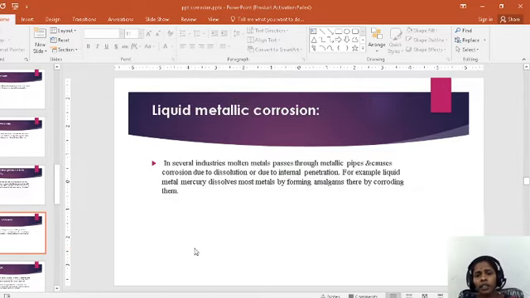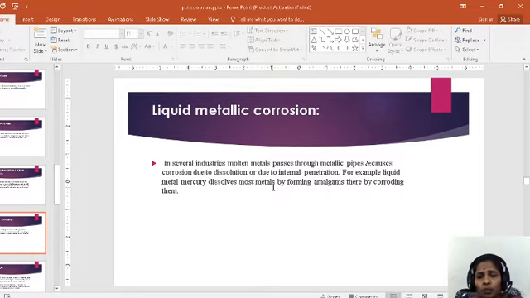And the last one, liquid metallic corrosion. In several industries, molten metals pass through metallic pipes and cause corrosion due to dissolution or due to internal penetration. So what happens initially, we are sending the molten metals through the metallic pipes. Molten metals are nothing but semi-solid metals. But when they react with the atmosphere, these molten metals convert to liquid metals.